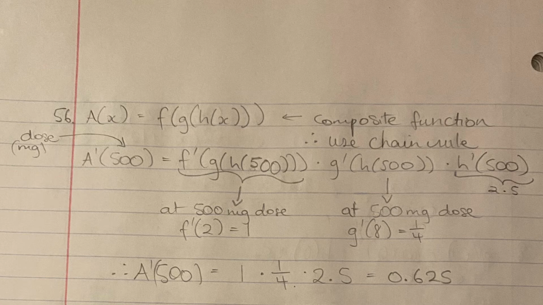Now, I did not find myself needing to use the numbers given for h of x, g of x, and f of x, more just the differentiated numbers. And then I just plugged those into A prime of 500 in order to get 0.625 milligrams.